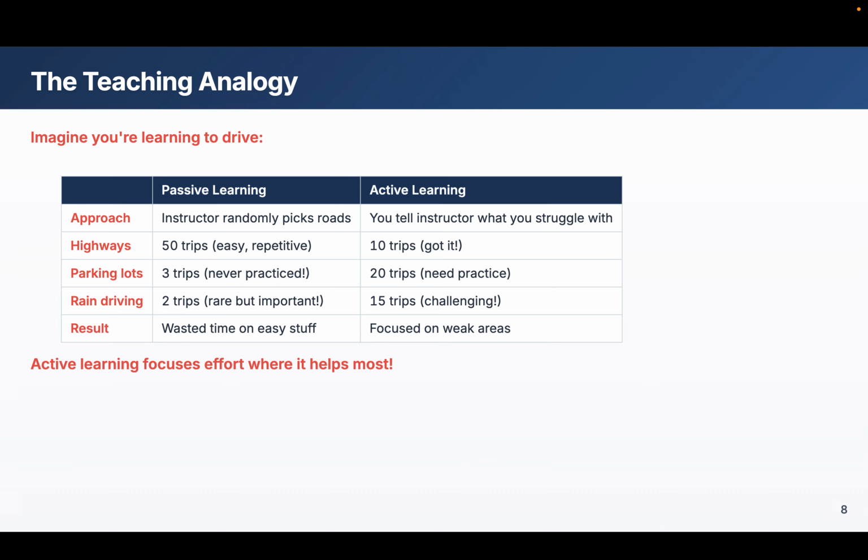If you keep driving in Gandhinagar and you're told to drive in the heart of Ahmedabad, you'll have a hard time unless you've got any experience. Similarly, the idea is we don't want to be wasting our effort and time on labeling easy examples. We instead want to be putting more effort towards the harder examples or the harder cases.